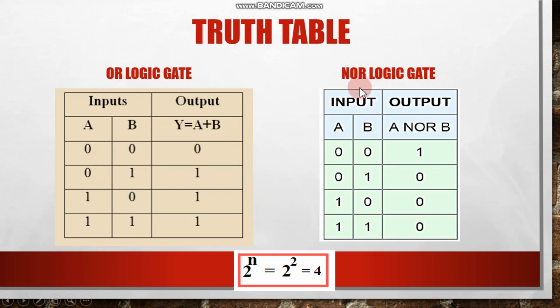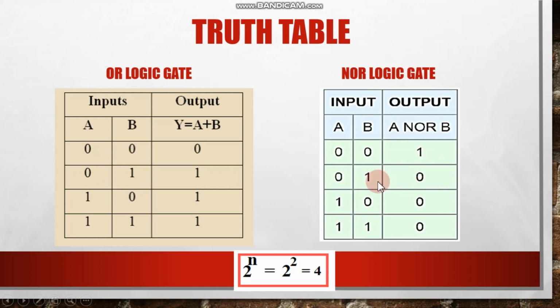Now see how I have obtained the output of the NOR gate. The output of the NOR gate is based on the simple NOR gate definition. I already stated in simple words, the NOR gate will give a high output when all its inputs are at low logic. So see 0 0, both the inputs are at low, so the output Y will be 1.